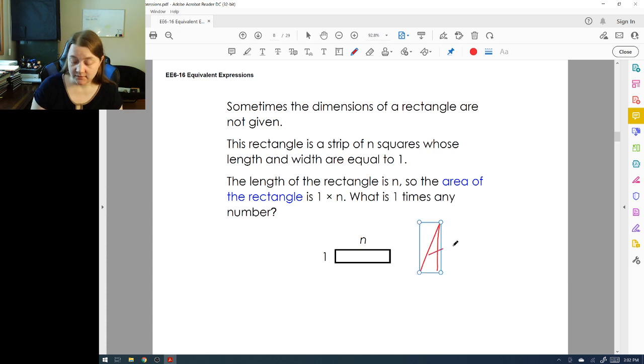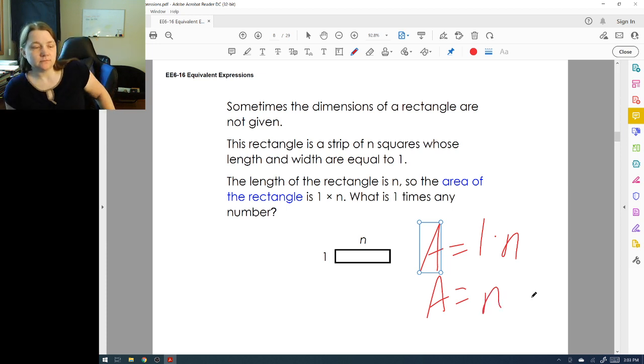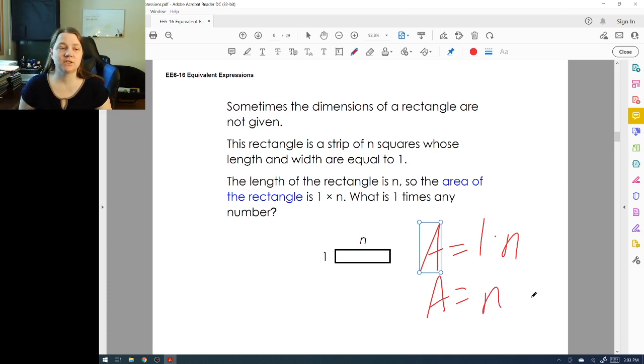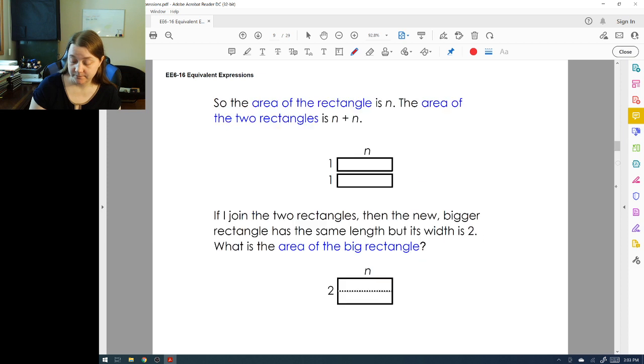So the area of the shape, 1 times n, is the same thing as saying n. You would also say n units squared, but putting the label on this would end up confusing the variable and the label. So the area of the rectangle is n.